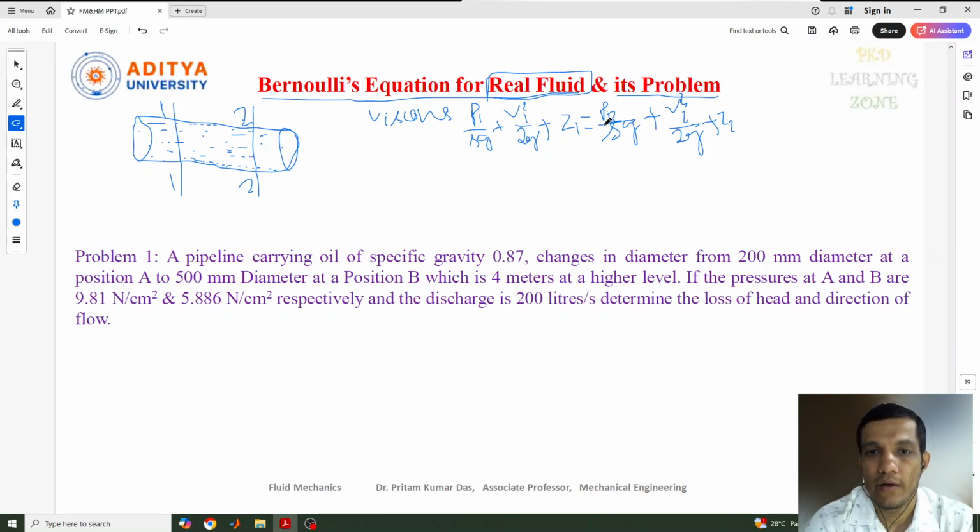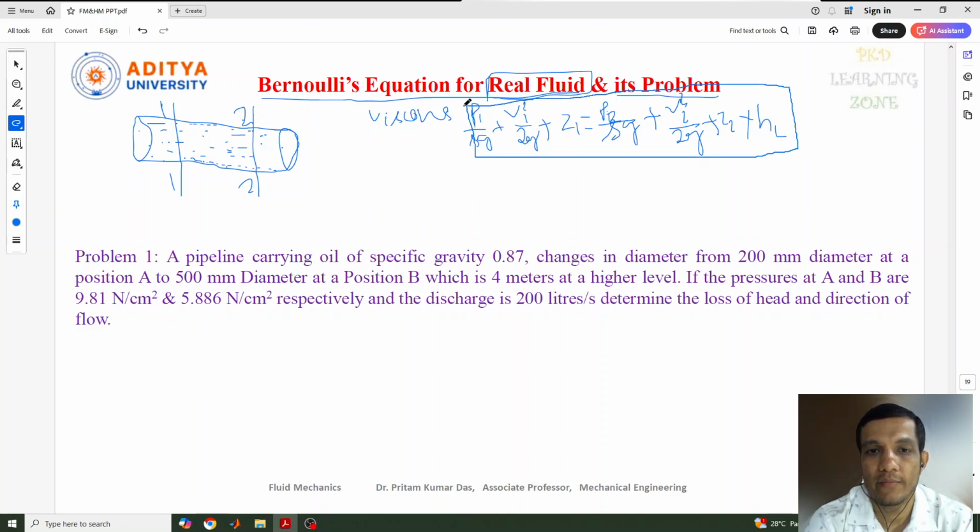Now this is the normal Bernoulli's equation. As I told you, this is a real fluid, so we need to consider some losses between section 1 and section 2. That loss is called HL, and HL is known as the loss of energy between point 1 and point 2.